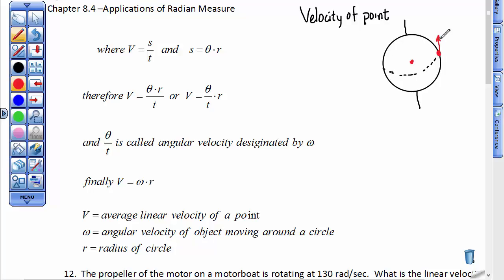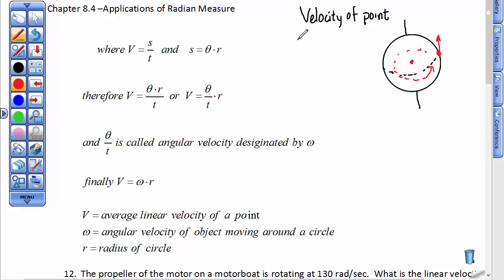So this arrow is supposed to go either towards you or away from you, but it's hard to draw in 3 dimensions. But I want to find the velocity of that red point as a result of the Earth rotating around its axis.